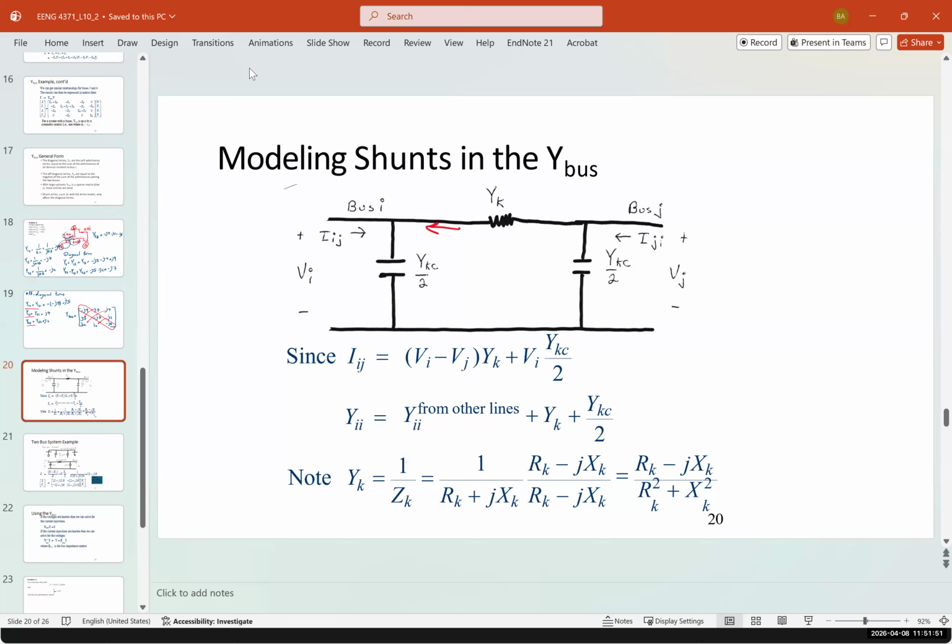We have a current coming this way and a current coming that way, or we can do it the opposite way. This one coming in is going to be this plus this.